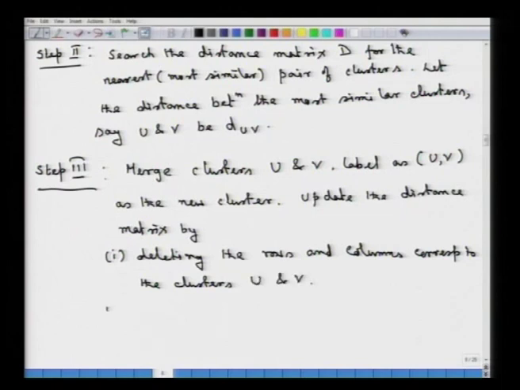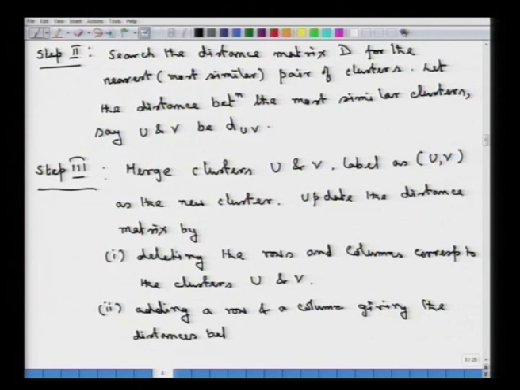So, that is the first thing one has to do, and the second thing is done by adding a row and a column, giving the distances between the newly formed clusters, clusters uv, and the remaining clusters in that distance matrix.